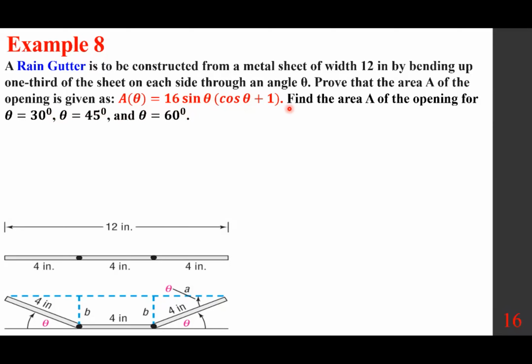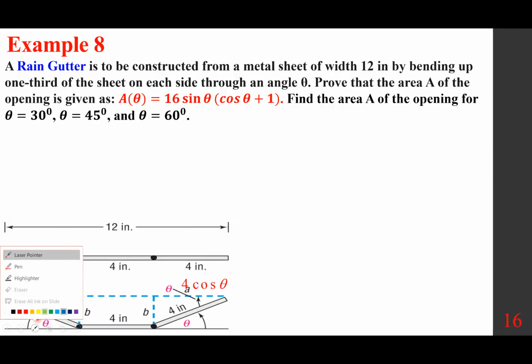And to prove that, you need to recognize this shape, and by the way, this is 4, and this becomes 4 cosine theta. This angle theta is the same as this one.